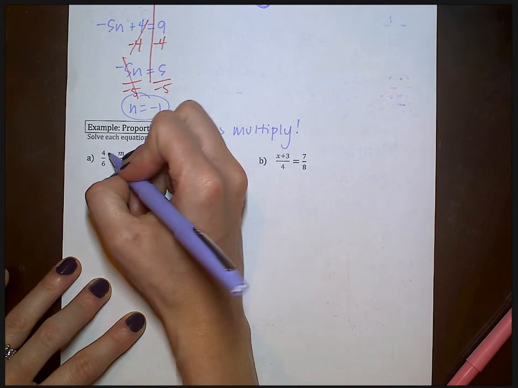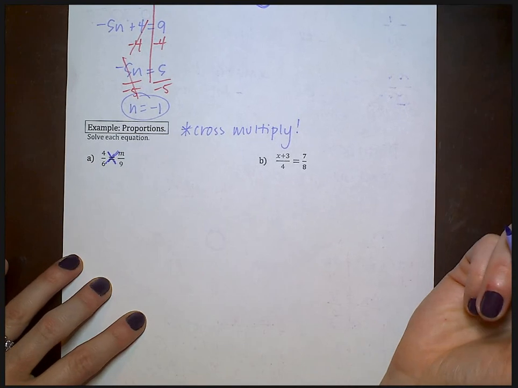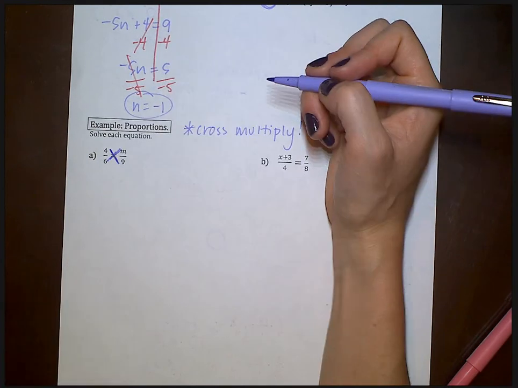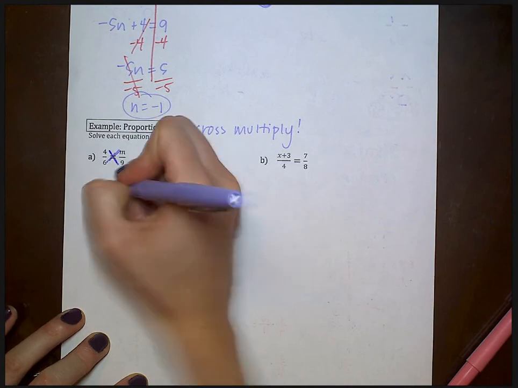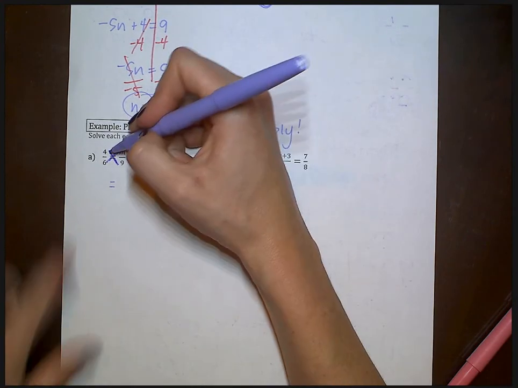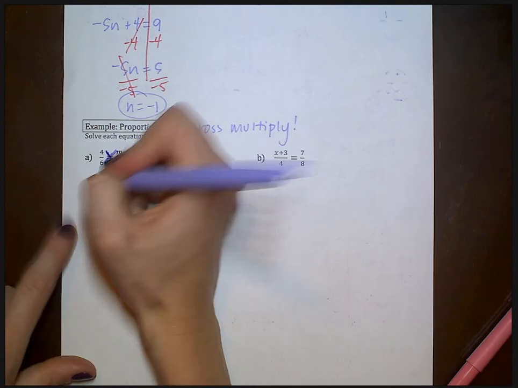So what I mean by that is I'm going to put a giant X through my equal sign, and I'm going to multiply the two pieces on each little cross here. So bring down your equal sign. Don't forget that. That's still there. Still an equation. On one side of the equal sign, I'm going to multiply 4 times 9, which is 36.